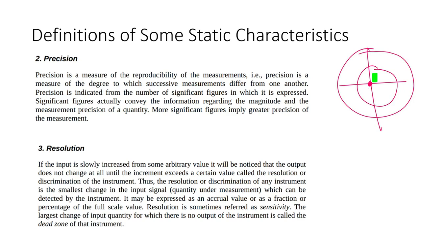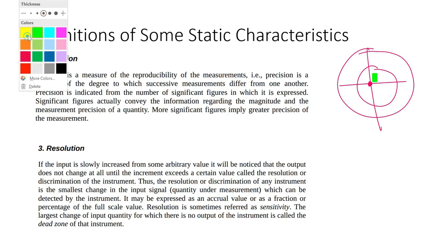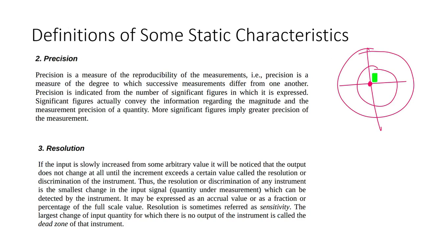But if another guy comes and he hits this one the first time, this one the second time, and this one the third time, we will say that this guy's values were precise. Precision is the degree to which successive measurements differ from one another. So this is accuracy and this is precision.